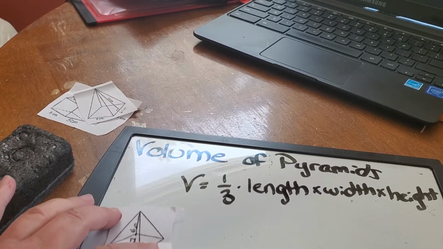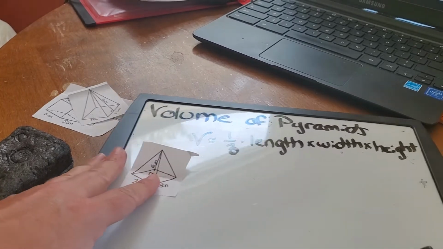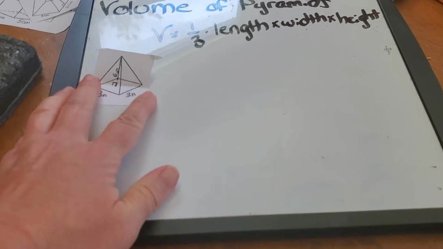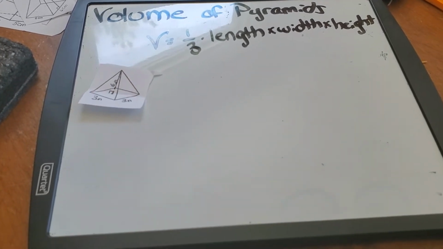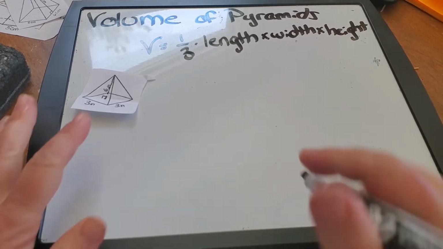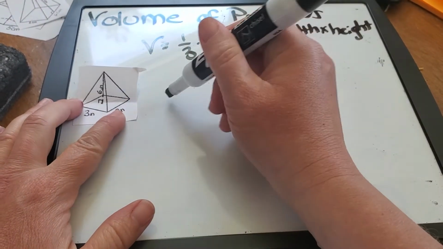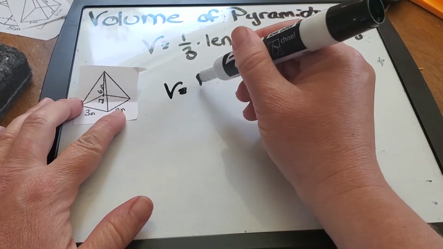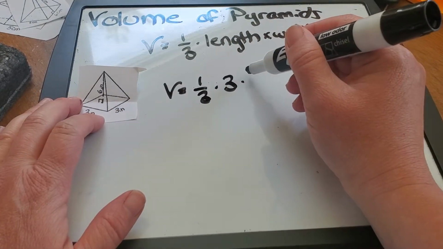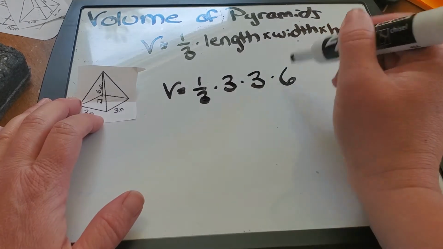Here's a pyramid. Oops, you can't see that. Let's see if we can position my board better. Okay, so here's a pyramid. The base is a square, the sides of it are 3, and the height is 6. So if I want to find the volume of it, I'm going to do 1/3 times the length, which is 3, times the width, which is 3, times the height, which is 6.